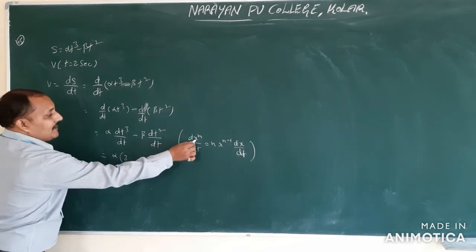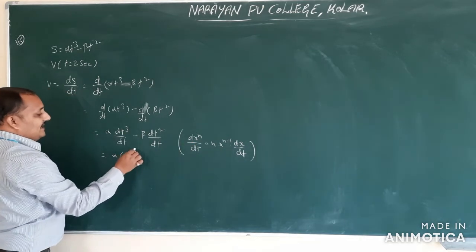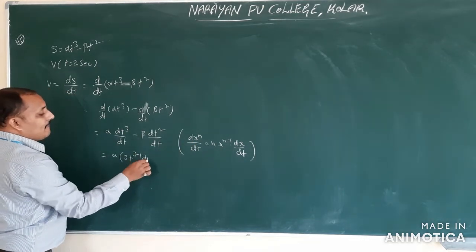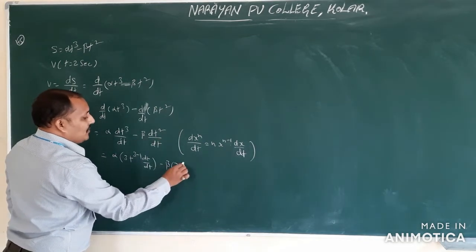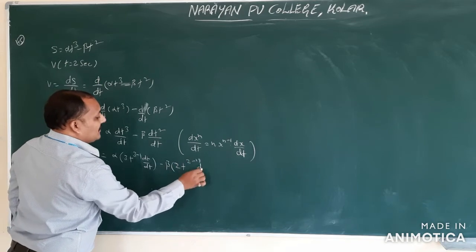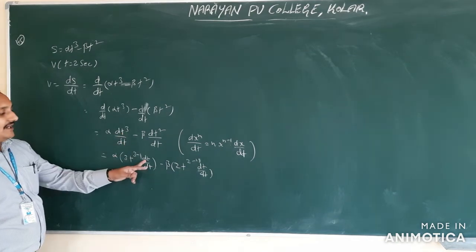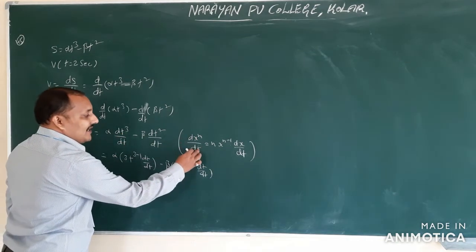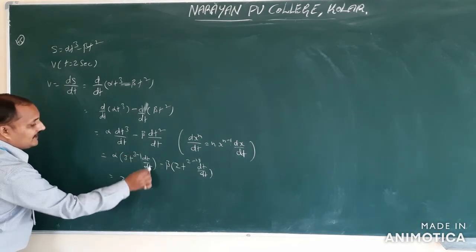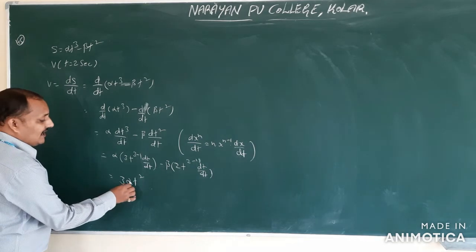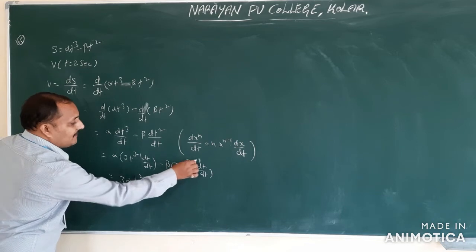In place of x, t to the power n minus 1, 3 minus 1, into dt by dt, which is 1, minus beta into 2t power 2 minus 1 dt by dt. Whenever the with respect to variable and the variable above are the same, we can write this value as 1. If it is not the same, we have to write dx by dt. Therefore 3 alpha t square, 3 minus 1 is 2, and this value is 1, minus 2 beta t power 1.